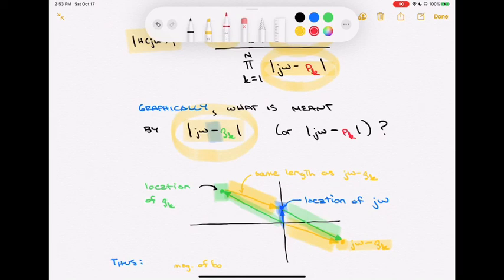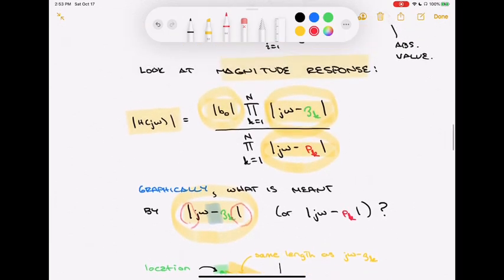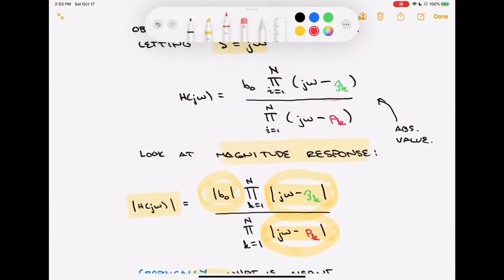We're basically taking a look, right? We're just taking a look at this vector going from the root, whether it's a pole or a zero, to the frequency of interest. If I'm talking about the magnitude response, I'm just saying what's the length of that vector. So frequency response involves all of these guys that are like j omega minus zk's and j omega minus pk's. If I'm looking at the magnitude response, it's the same difference of terms, right?